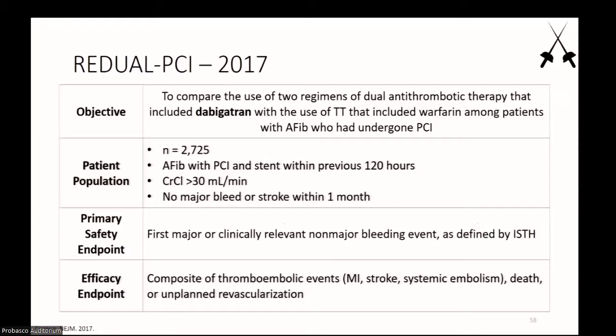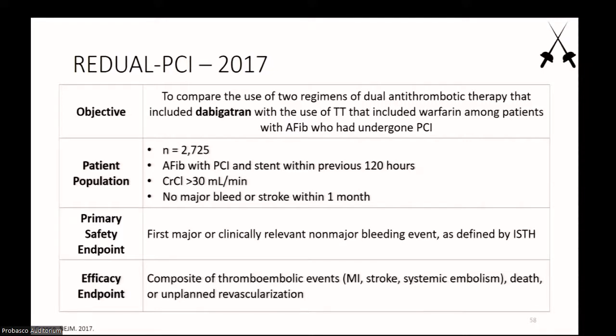So the next trial concerning the use of DOACs in the situation where triple therapy may be warranted used dabigatran. So the purpose of the REDUAL PCI trial was to compare the use of 2 regimens of dual antithrombotic therapy that included dabigatran with the use of triple antithrombotic therapy that included warfarin among patients with AFib who had undergone a PCI.